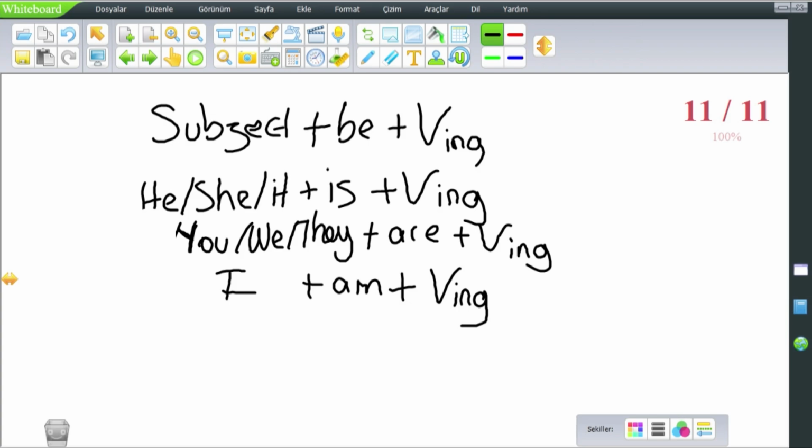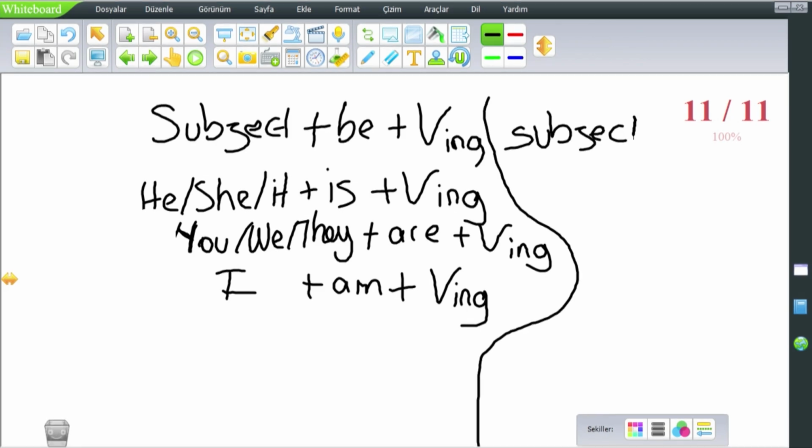This is the affirmative positive sentence structure, and if I want to make negative sentence, I use subject plus be not, verb ing. For example, he, she, it is not. For short, isn't.